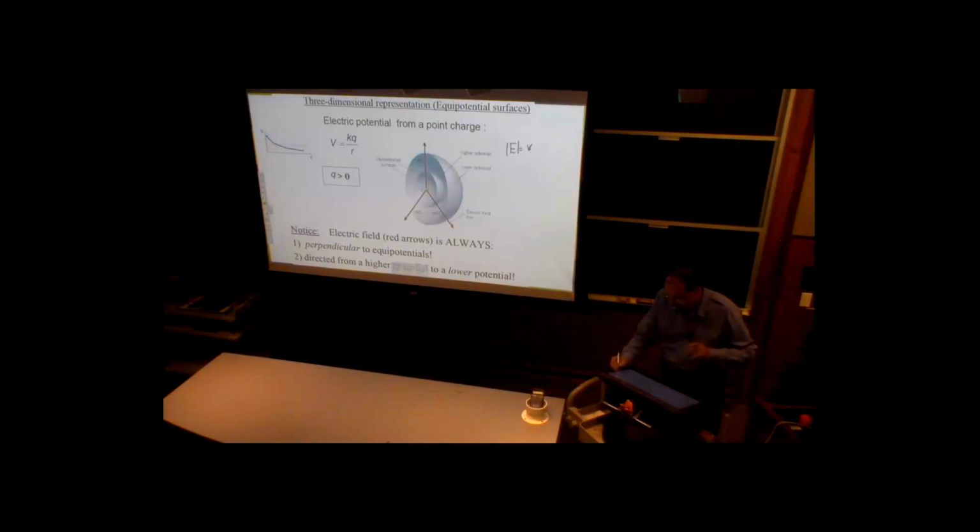For electric field strength, we know the equation. So if I want to calculate electric field strength at different distances, I'm going to get different numbers. Different strength means it changes. It changes means it is not uniform. The word uniform means it does not change. It's the same everywhere.